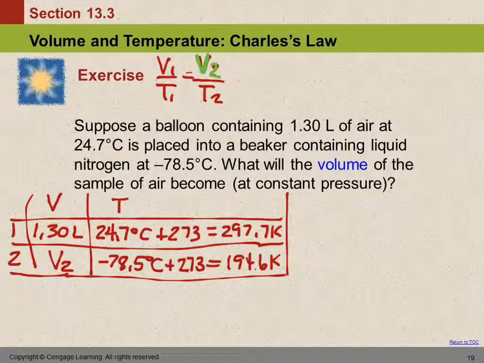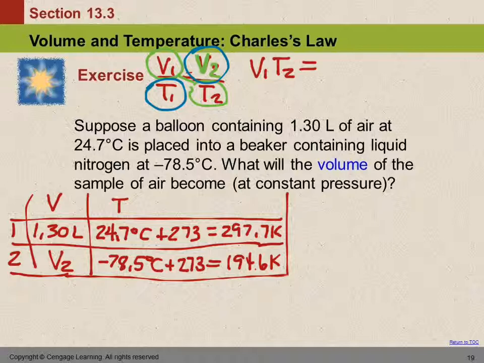We get rid of fractions by cross-multiplying. So cross-multiplying means that we're going to take the top of one side and multiply it by the bottom of the other side. So that gives us V1 T2. And that is equal to, let's use a different color here, the bottom of the first side and the top of the other side.